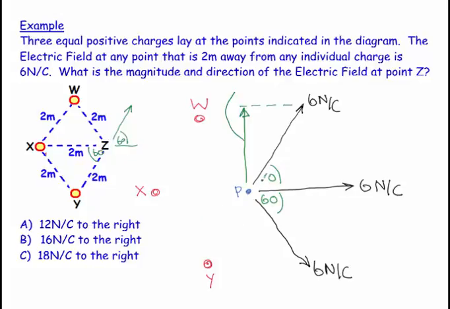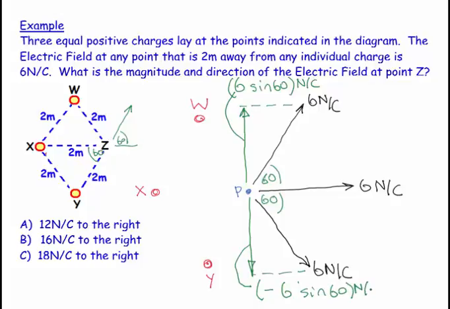So this is going to be 6 sine 60 newtons per coulomb. It's going to point in the positive direction. But down here I have an electric field component, and that is going to be minus 6 sine 60 newtons per coulomb.